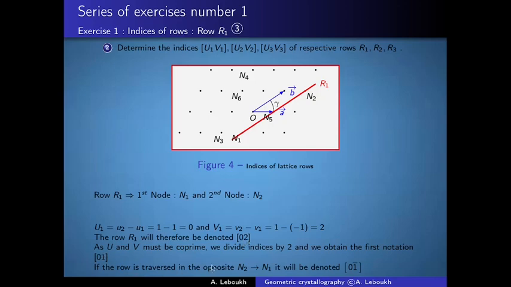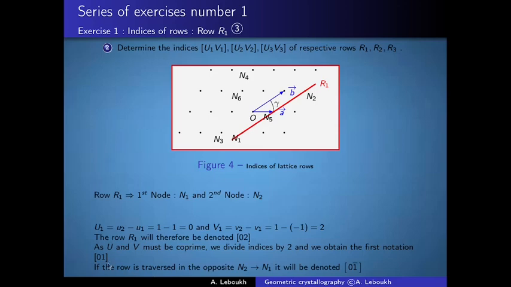Now, if the row is traversed in the opposite direction, from N2 to N1, the first node is N2 and the second node is N1. We note the row by [0,-1] or [0 1bar] within brackets.